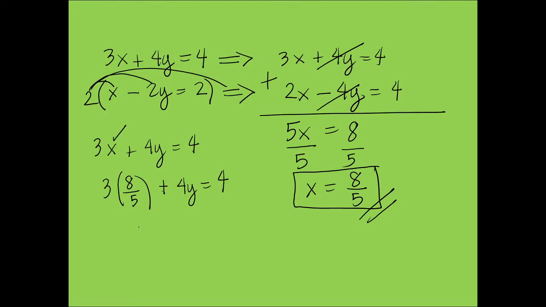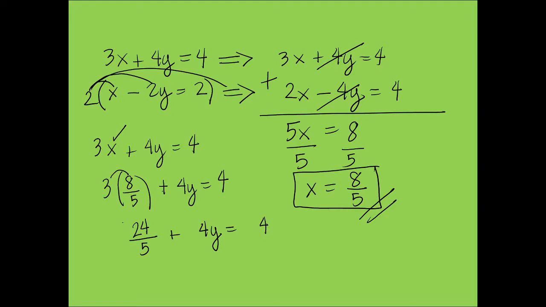So, let's multiply. 3 times this is how much? 24 over 5 plus 4y, that is equal to 4. Now, take note, section Ruby, if there's a fraction, it is easier to work without the fraction.